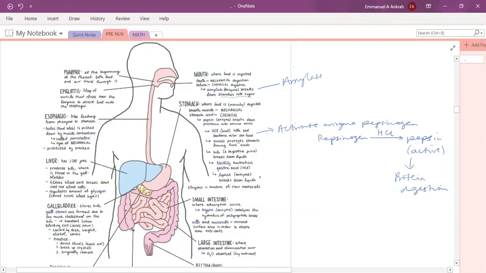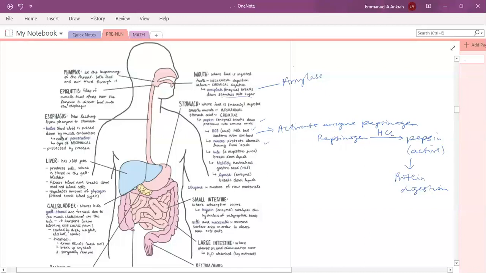You also have sodium bicarbonate, which neutralizes the acid, especially when it gets towards the duodenum area. But the key thing to remember is the acid, the pepsin, and the mucus protecting the lining.